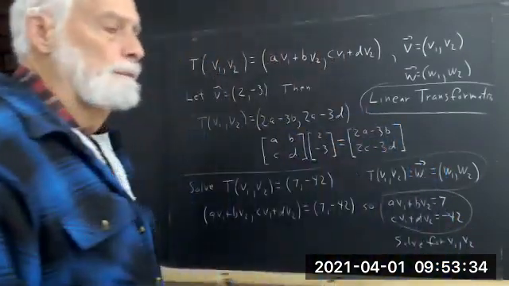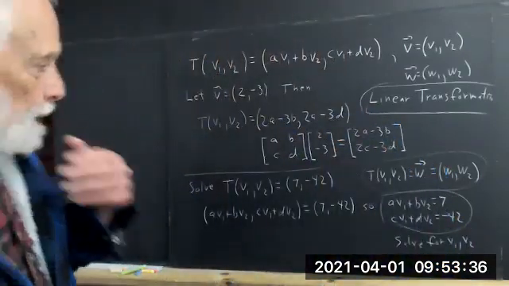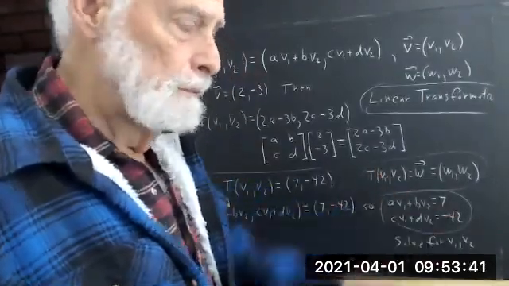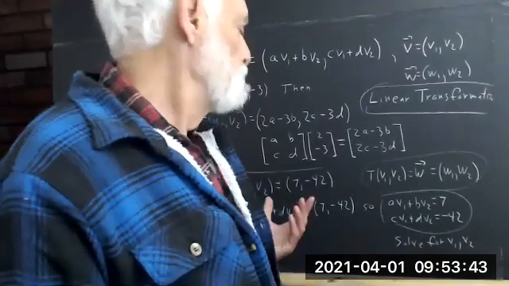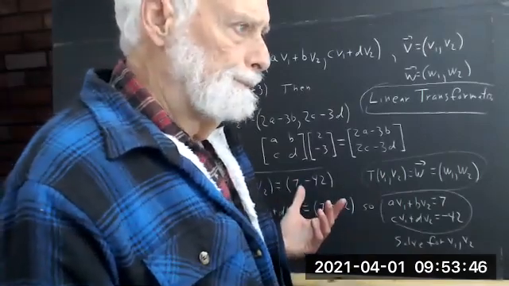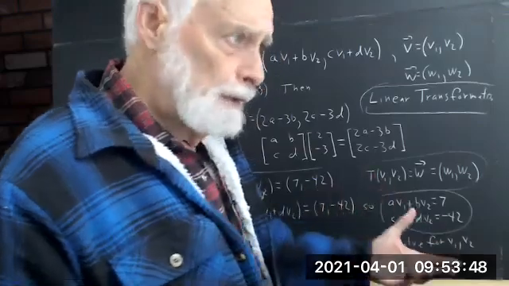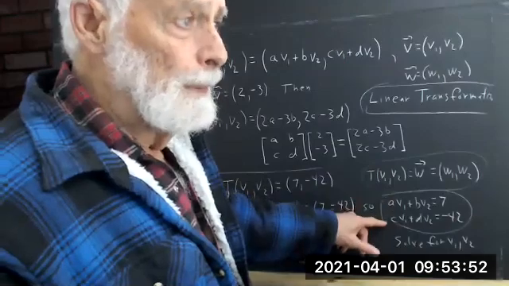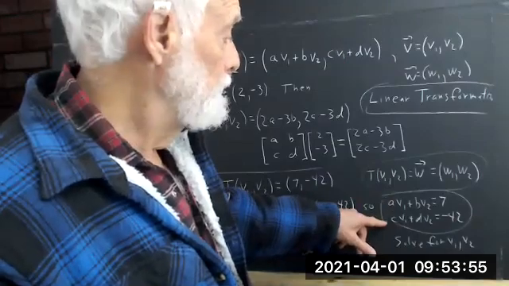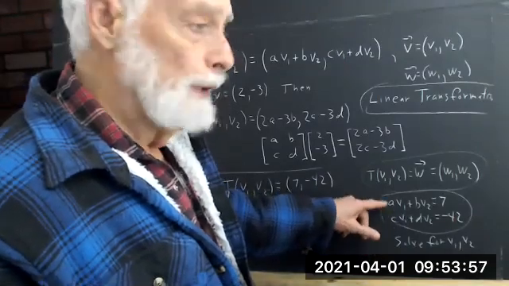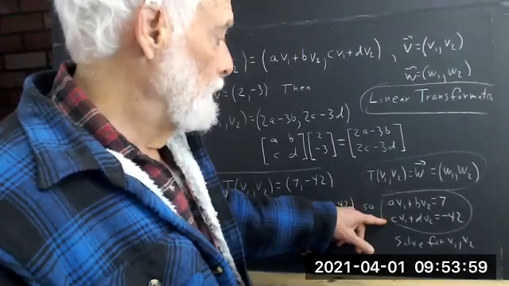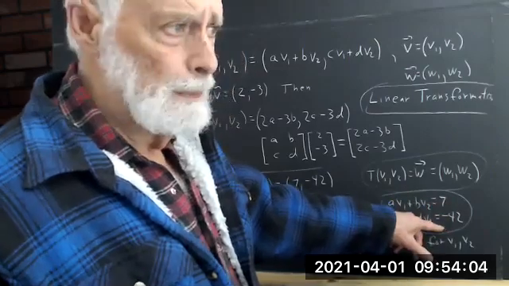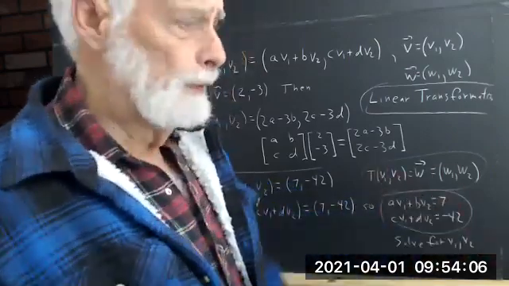Now our solution, depending on the values of A, B, C, and D, might be degenerate. In other words, this side and this side might be multiples of one another. It's very possible that this side and this side are multiples of one another, but these two sides are not the same multiple of one another, in which case we get no solution.